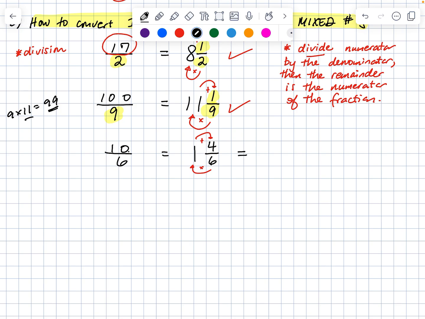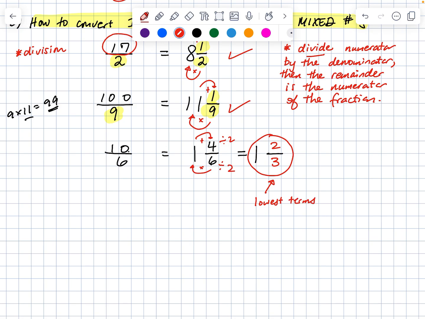So to reduce this to lowest terms, I know I'm going to keep the whole number the same. Now, I look at this and I go, okay, I know because of my divisibility rules that both 4 and 6 are divisible by 2, and that is also the GCF of 4 and 6. 4 divided by 2 is 2, and 6 divided by 2 is 3. So, therefore, this is the fraction 1 and 2/3 reduced to lowest terms.